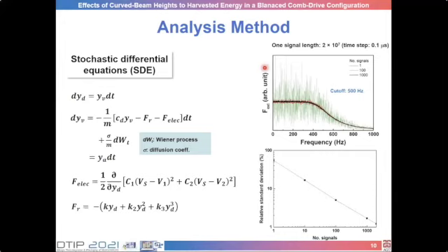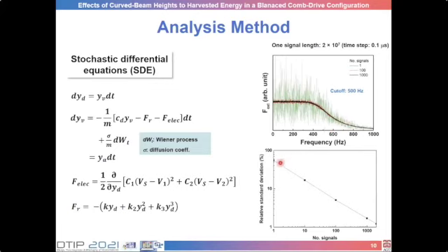Here is the FFT of the average of the generated signals. For example, when there is just one signal, this green curve, the FFT becomes quite spiky. But as the number of signals increases, the average becomes quite smooth.